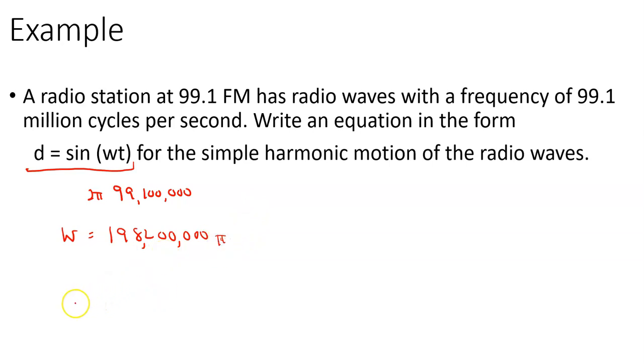Right. So my equation is the sine of 198,200,000 pi t. Okay. And that will give you the simple harmonic motion of the radio waves for a station that's broadcasting on that frequency.